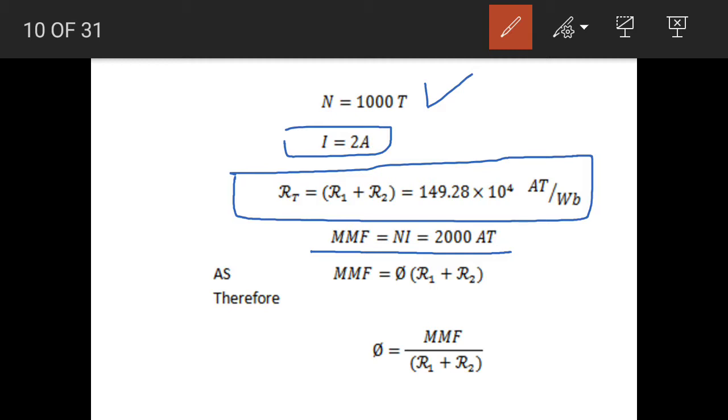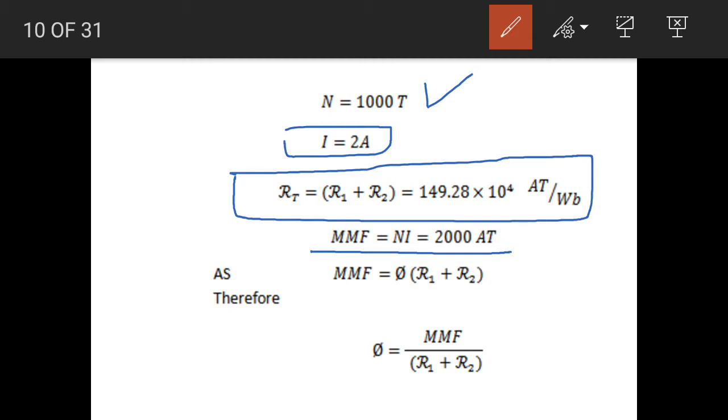The magnetic circuit provides a path of low reluctance to the magnetic flux as compared to air. We know that the reluctance of the air will be greater than the reluctance of the material of the magnetic circuit. So definitely the flux will follow a path of low reluctance.